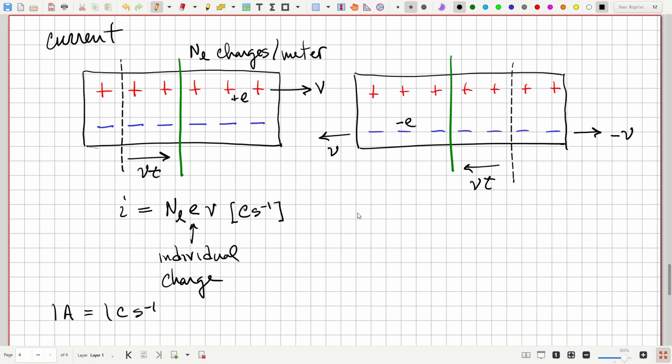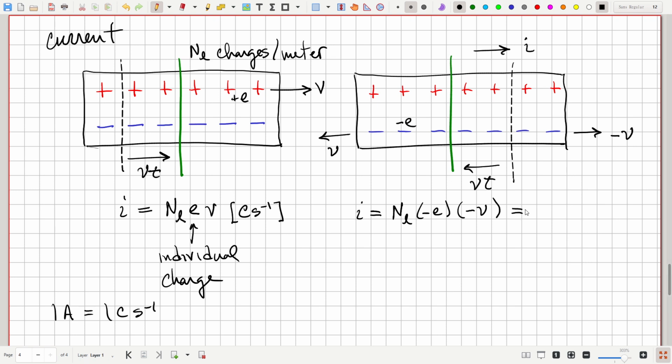So what is the current here? Well, if we want to know the current flowing to the right, we would say it's the number of charges per unit length times the actual charge in coulombs on each of those particles times its velocity to the right, which is minus v in this case.